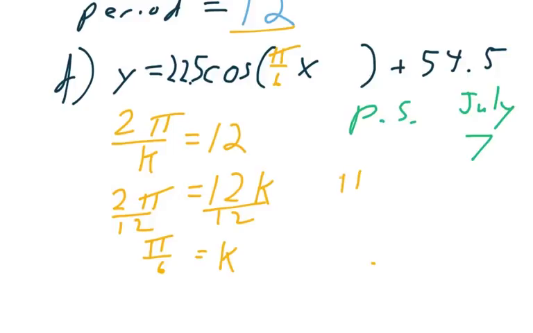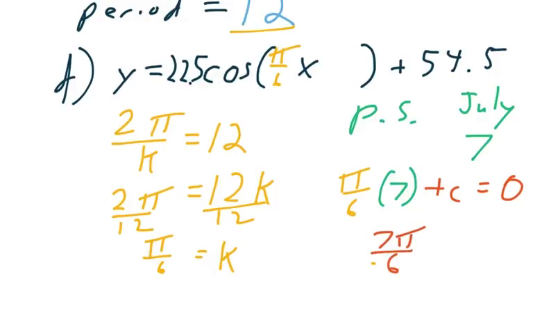So I'm going to do pi over 6 times 7 plus c equals 0. Well, 7 times pi over 6 is 7 pi over 6, which means c equals negative 7 pi over 6. And there's our answer for the equation.